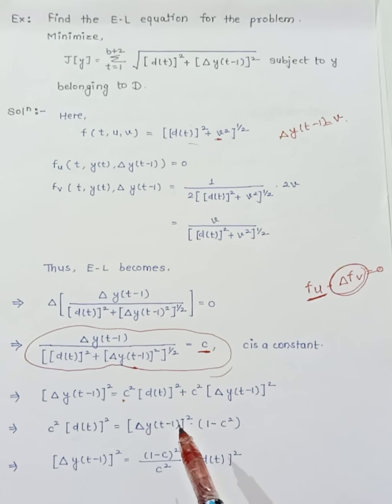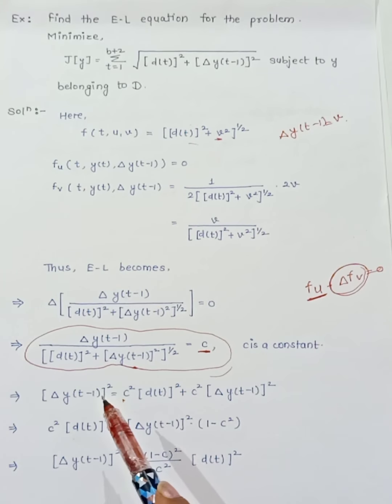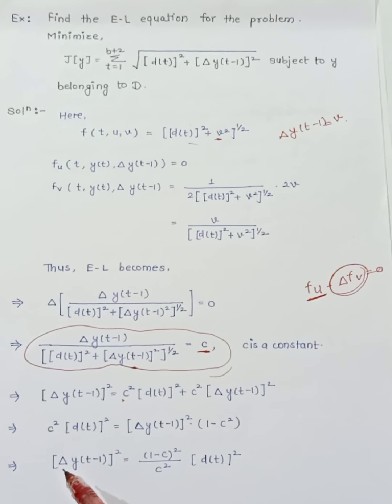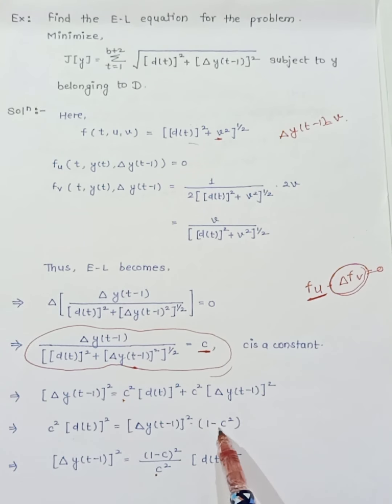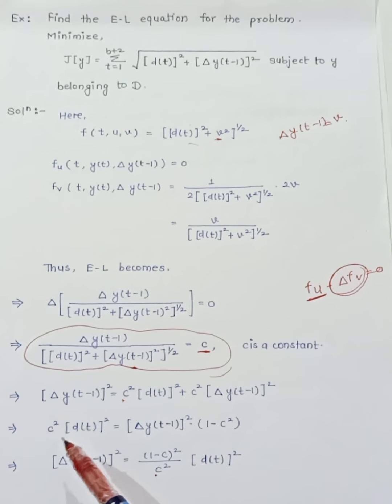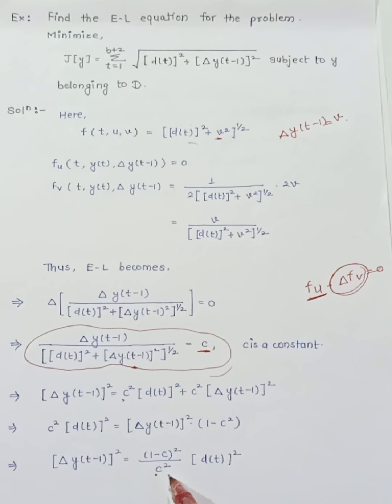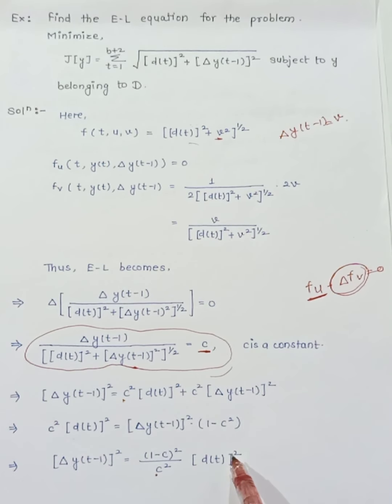So take it common, and from this we will take 1, and from this we will take c². So (Δy_{t-1})² into (1 minus c²). Now the next term will be (Δy_{t-1})² equals 1 by c² upon c². This 1 by c² and this c² will go into the denominator, and dt² as it is.